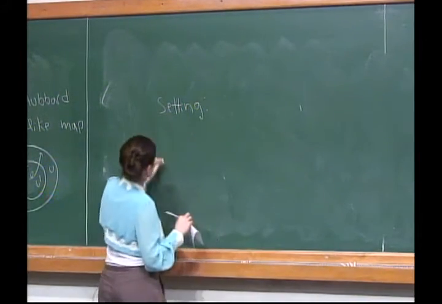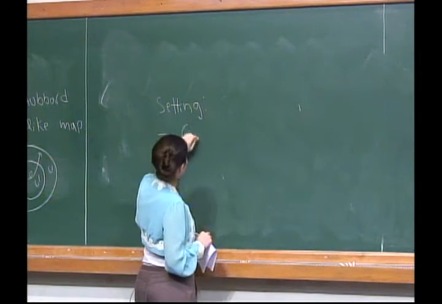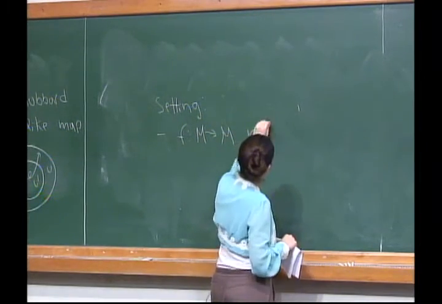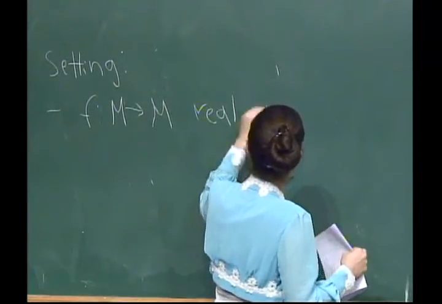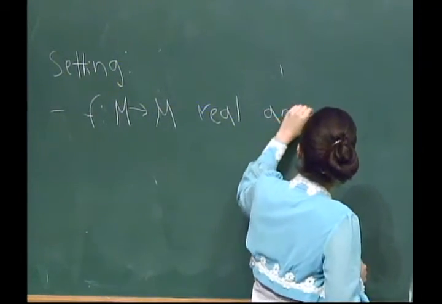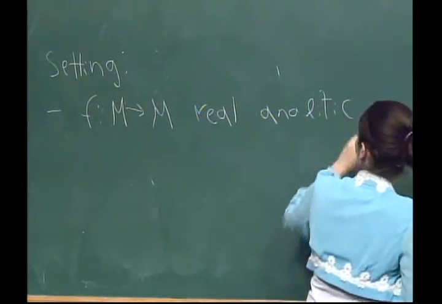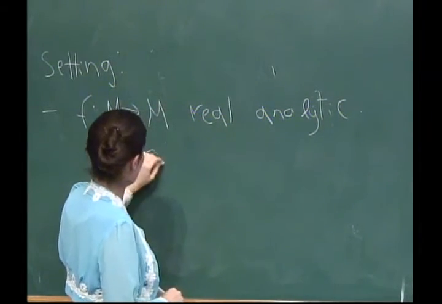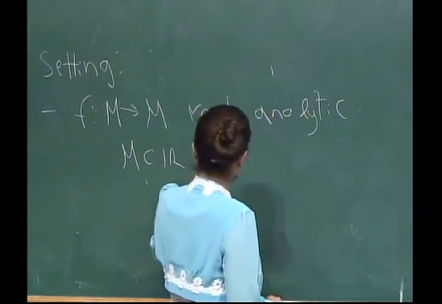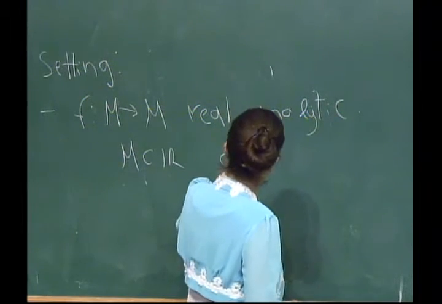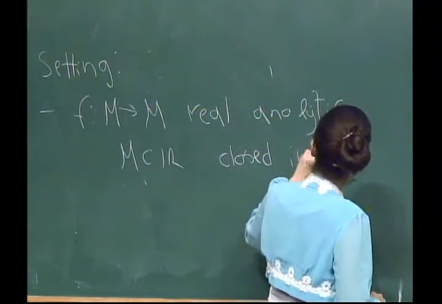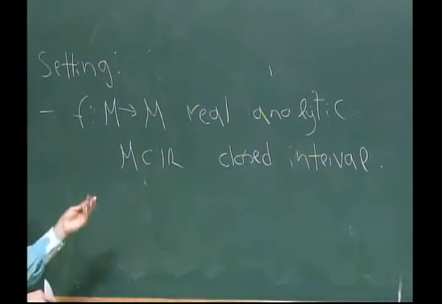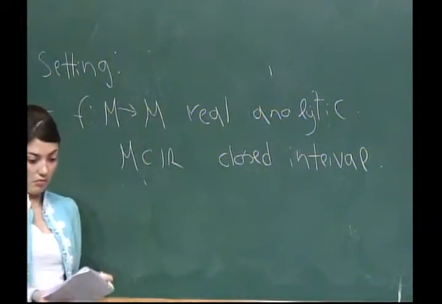The setting is the following. We have f from M to M, a real analytic map, so locally it's a Taylor expansion, and M is contained in R, a closed interval. So it's one-dimensional dynamics, multimodal.